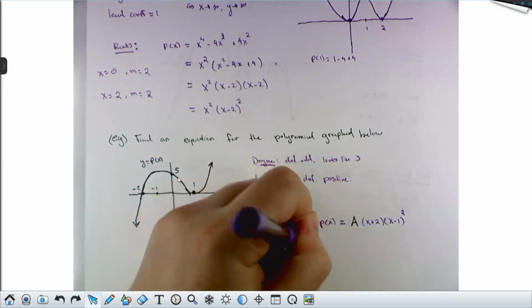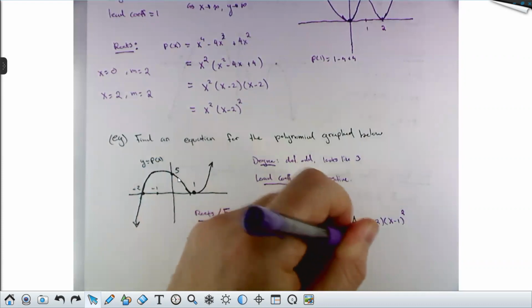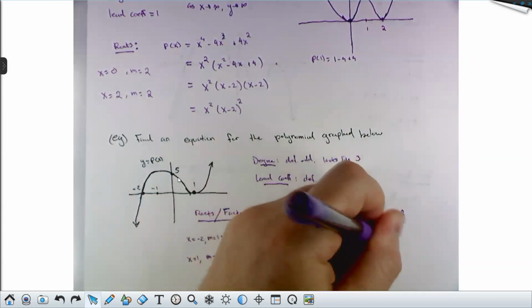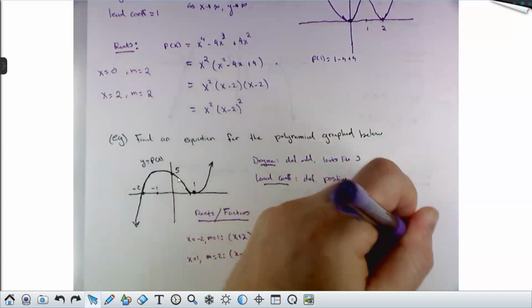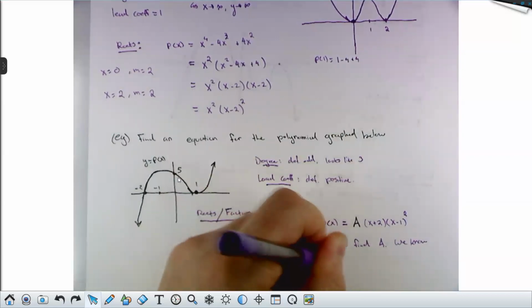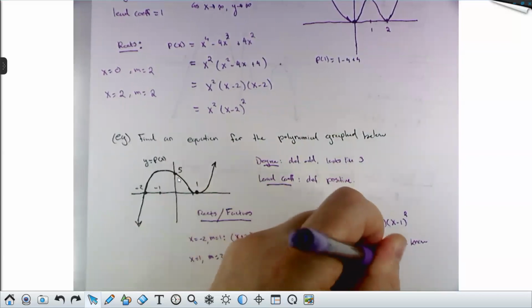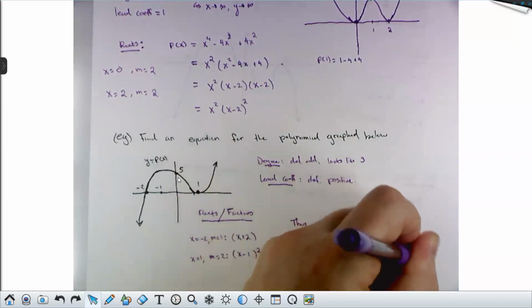So we need to find A. We know the point 0, 5 is on the graph.